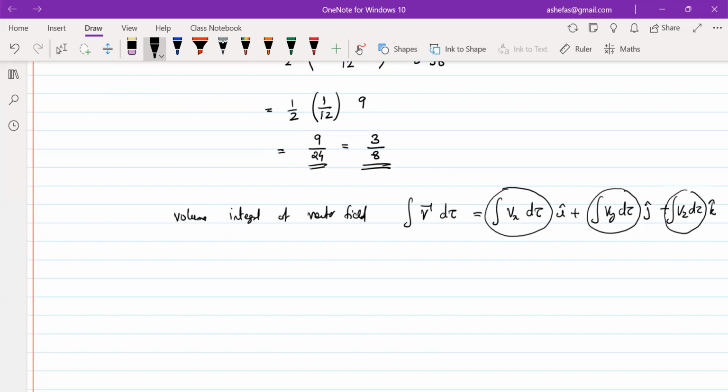So the volume integration of a vector field is the sum of three volume integrations of scalar fields Vx, Vy, Vz, but respectively there will be unit vectors here, which we have to keep in mind. I'm not going to illustrate it. This is very straightforward, so you can do it yourself.